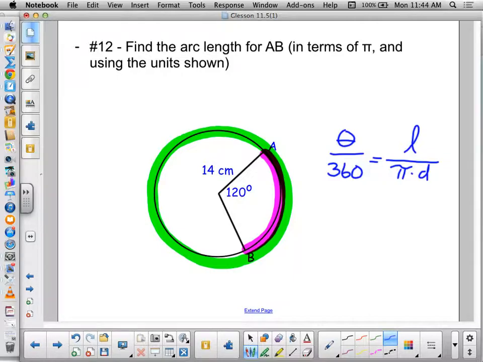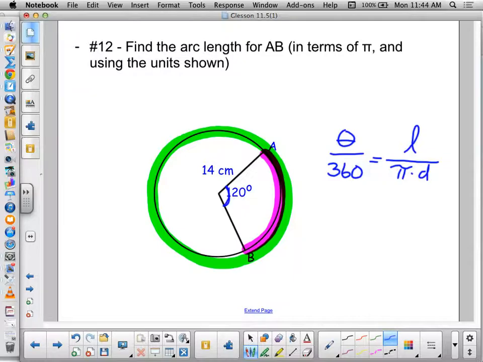And that was the proportion we set up. And that proportion was useful for us so that we could either find the unknown arc length or maybe the diameter or radius of the circle, or sometimes if we knew these two, sometimes you had to find the measure of that central angle. So we could use that proportion to solve for almost any unknown that we had.